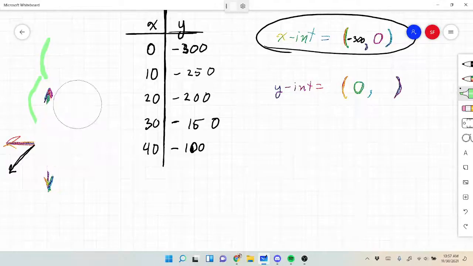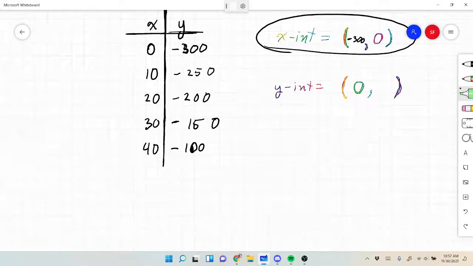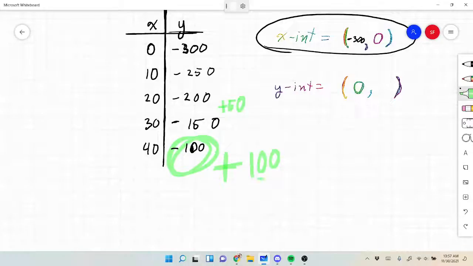Now, back to your question. Why is the x-intercept 0, 60? Okay, so if we're adding 50 every time, we have to end up getting this number to be 0. What do I have to add to this one to get it to be 0? 100. Which is how many steps, because we're only adding 50 each time? 2 steps.